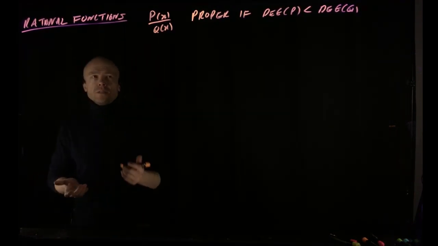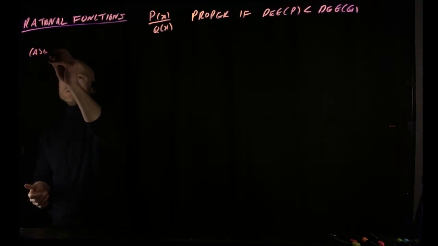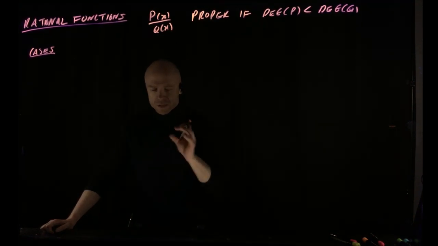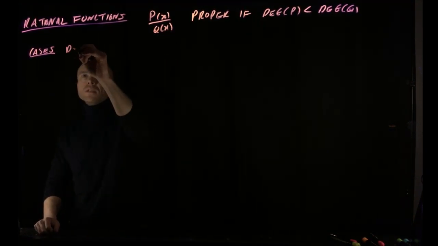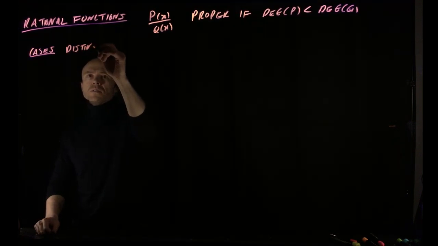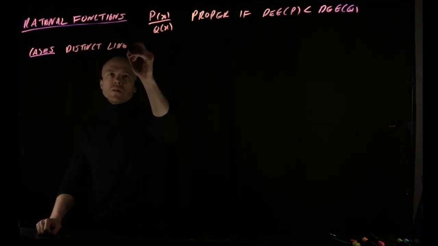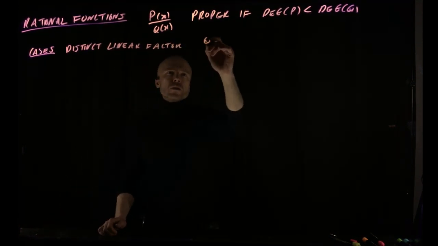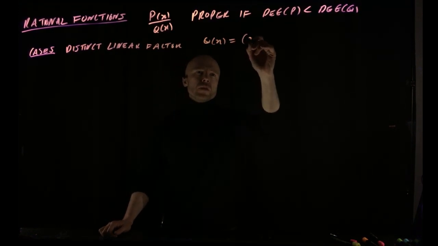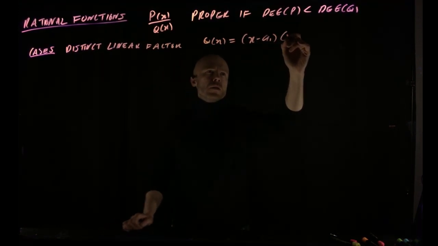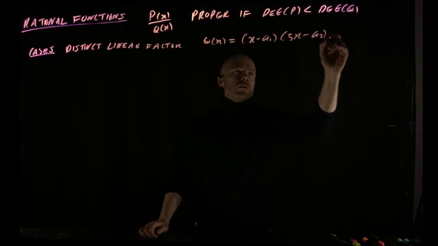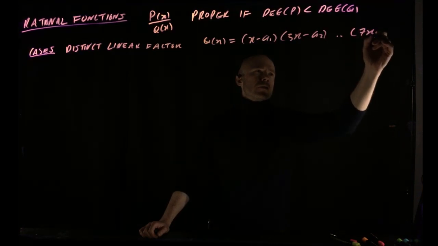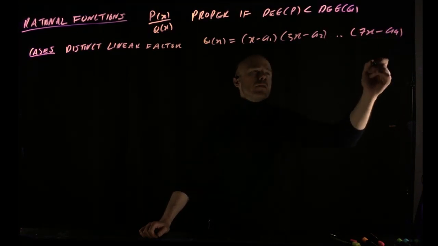And then there are various cases to deal with. It depends on what we can break up the bottom into. If we can break it up into distinct linear factors, so Q can be written, for example, as x minus a1, 3x minus a2, and so on, up to 7x minus a9.